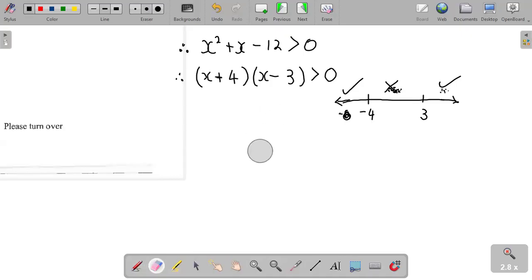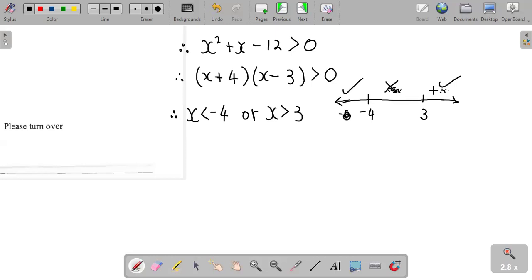So now let's come here. So this means, therefore, x is this side, okay? It's less than -4. So x is less than -4, or x is greater than 3.